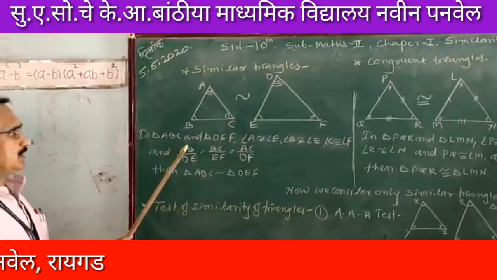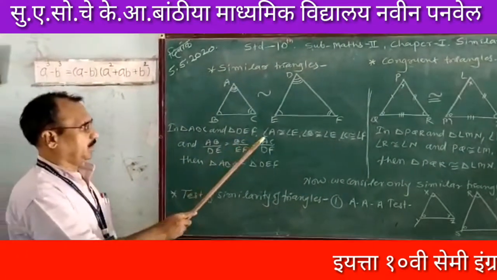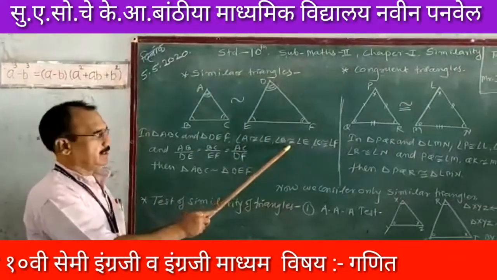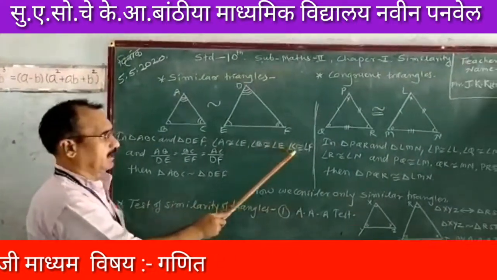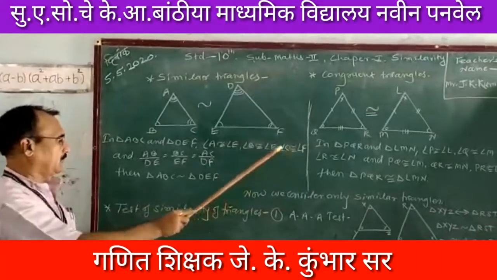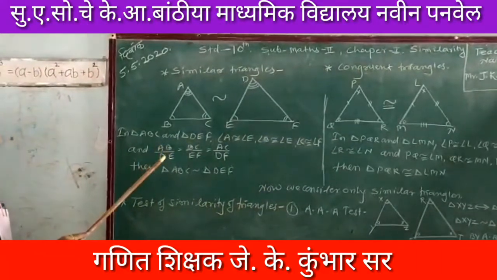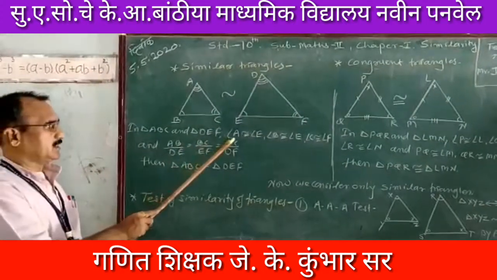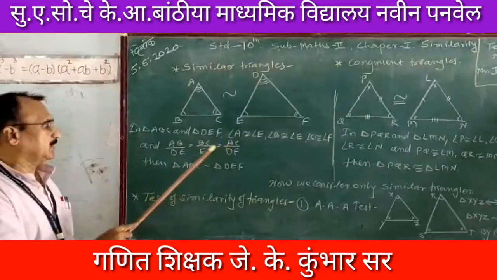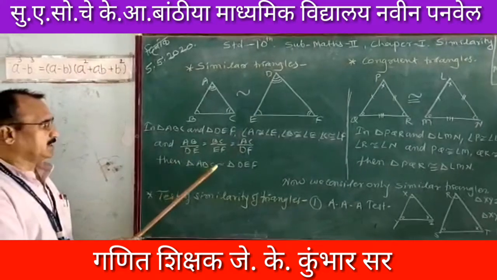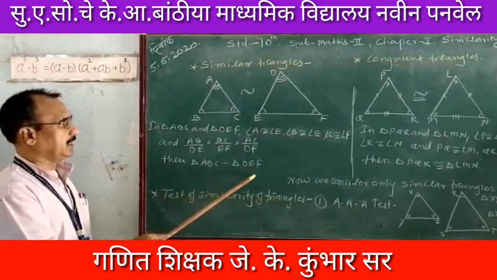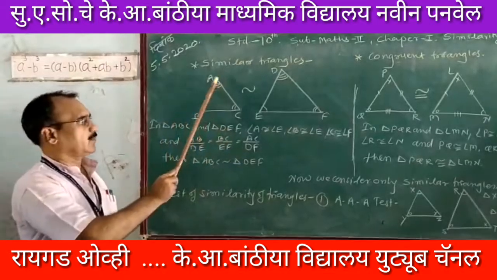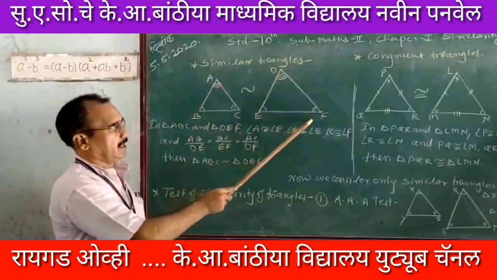Angle A is congruent to angle D, angle B is congruent to angle E, angle C is congruent to angle F, and AB upon DE is equal to BC upon EF is equal to AC upon DF. Then triangle ABC is similar to triangle DEF according to the one-to-one correspondence.